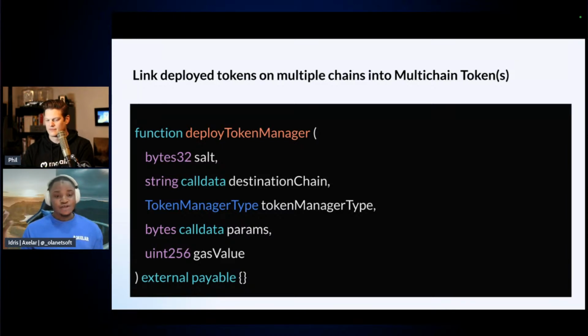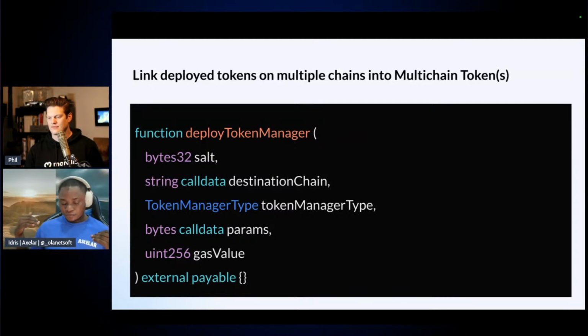When you deploy a token manager, you deploy a token manager on chain A, chain B, and chain C. If you do token transfers from chain A to B, what the token manager is going to do for you is to burn the token on the existing chain, which is chain A, and then mint that amount of token on chain B. So this would help the system maintain the same liquidity across all chains. And you can also specify the params here, where you are going to encode the deployer address and the token address, and then finally the gas value.